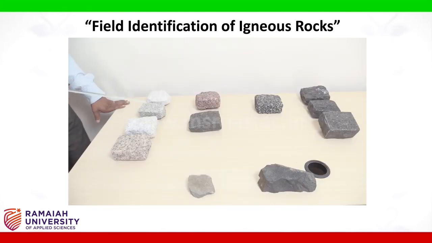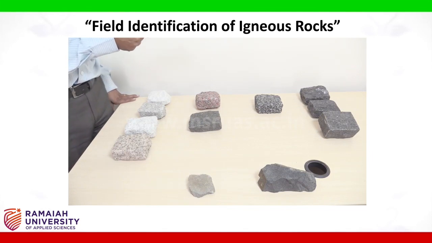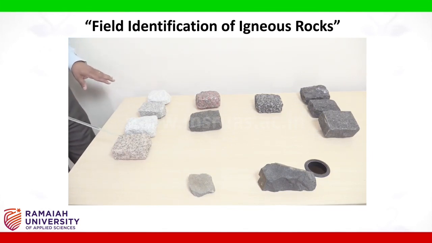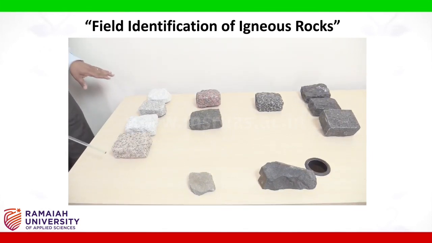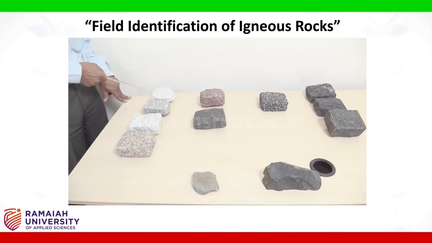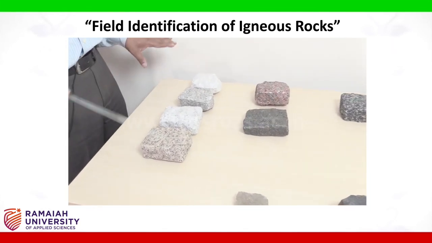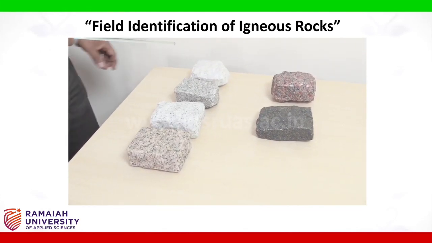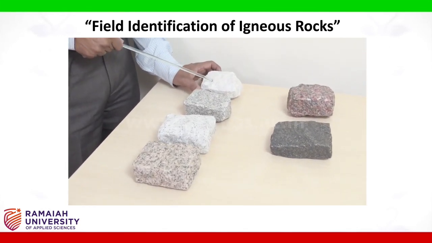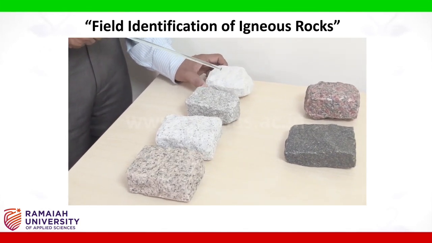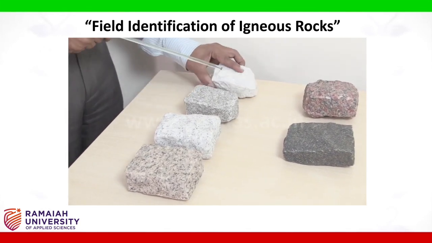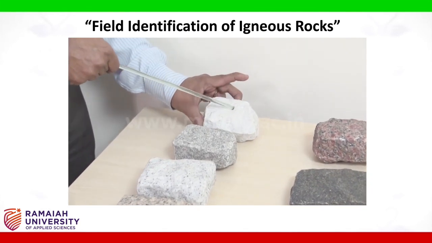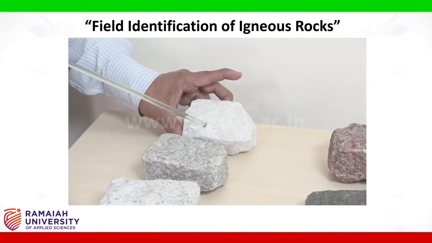We have the set of plutonic igneous rocks, or intrusive igneous rocks. This is the set of rocks that has a lighter color shade. This is a rock called pegmatite that consists essentially of quartz and feldspar, with large grains of feldspar.